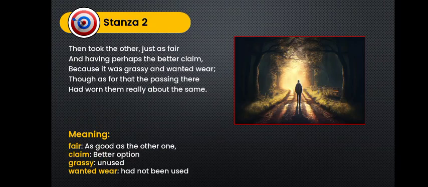And wanted wear means that it had not been used, not used by anyone else. So that's why the road is grassy, and for that reason he wanted to move through this road.